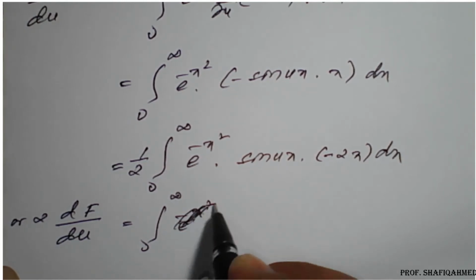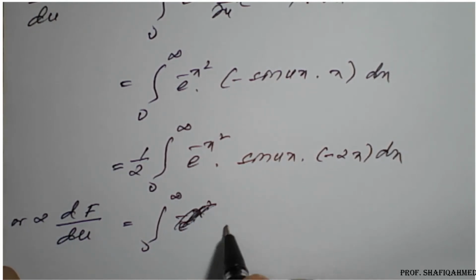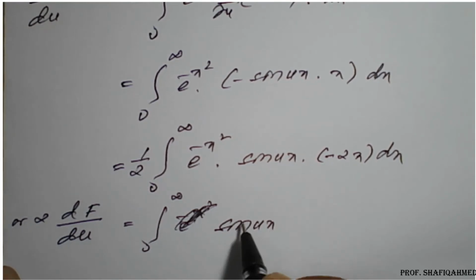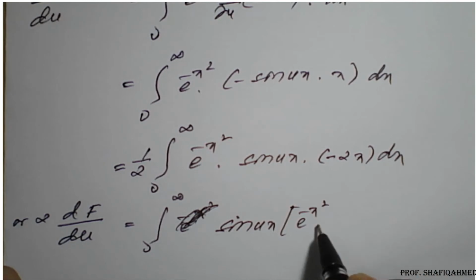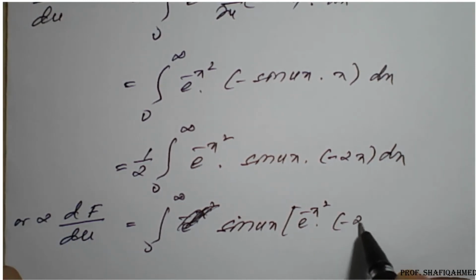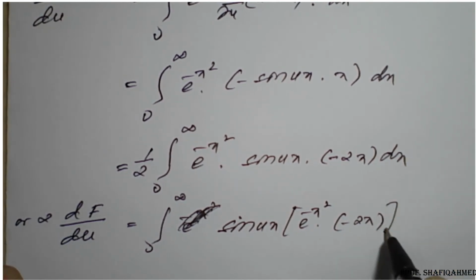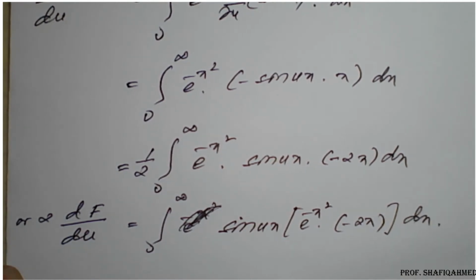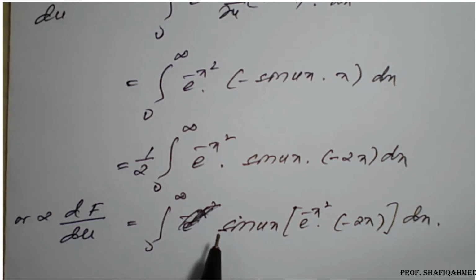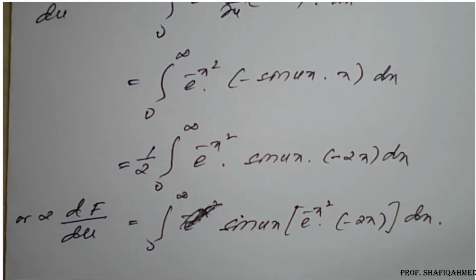I will write it this way: sine of ux into e raised to minus x square into minus 2x into dx. So we'll go for integrating the RHS by parts.